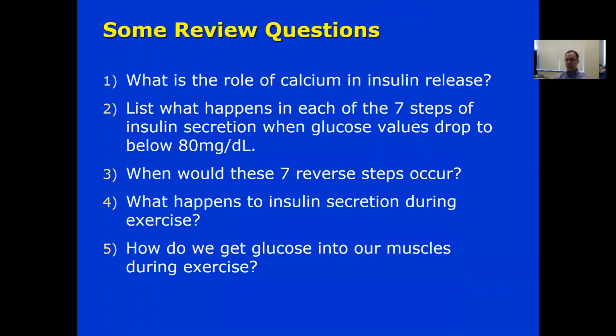So what happens to insulin secretion during exercise? Well, insulin secretion is going to decrease during exercise. So the question is then, how does glucose get into the cell during exercise if insulin levels are low? Well, the way it occurs is through muscle contraction.